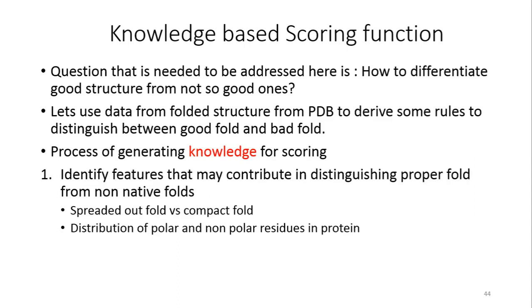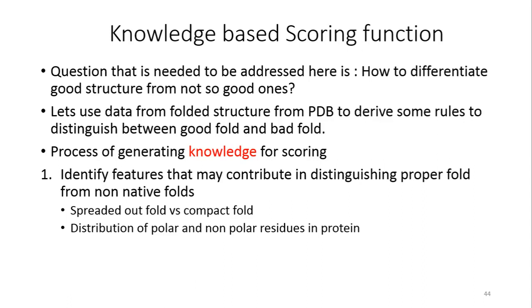Okay, so this process of generating knowledge for scoring is a 3-step process. The first step involves something called feature identification. We generate a bunch of configurations and look at them and ask which of these structures really look like a protein.